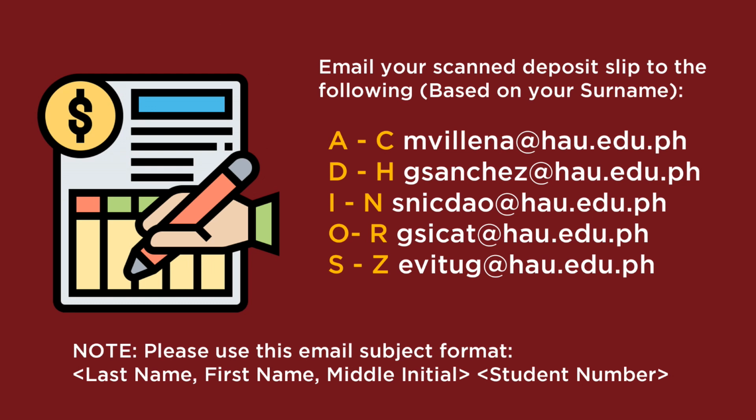Send the deposit slip or transaction slip to the email address assigned to you according to the first letter of your surname. Don't forget to indicate your name and your student number provided to you by the admissions office.